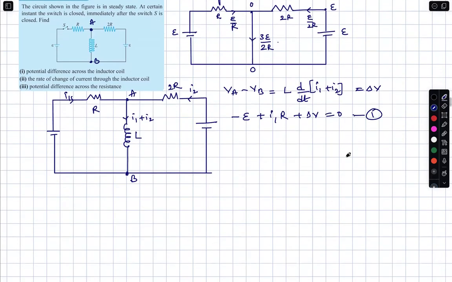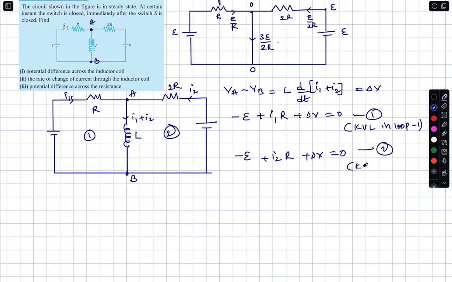How did I get this? Kirchhoff voltage law in loop 1. This is loop 1. This is loop 2. Similarly, here also minus E plus I2R plus delta V is equal to 0. Equation 2, Kirchhoff voltage law in loop 2. We are applying at that instant particularly.